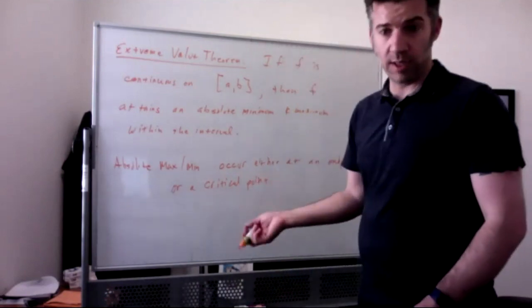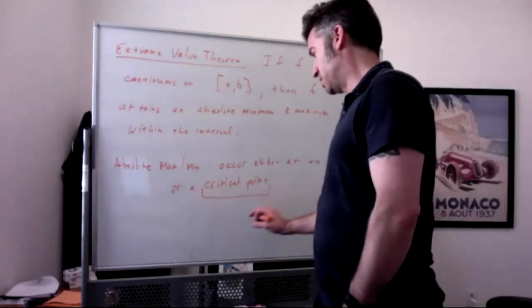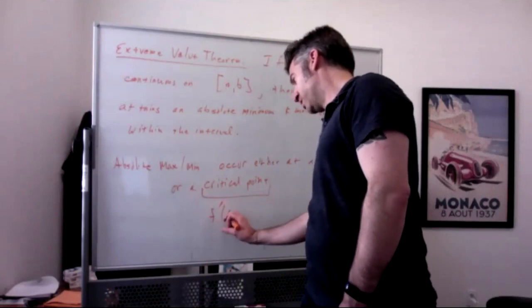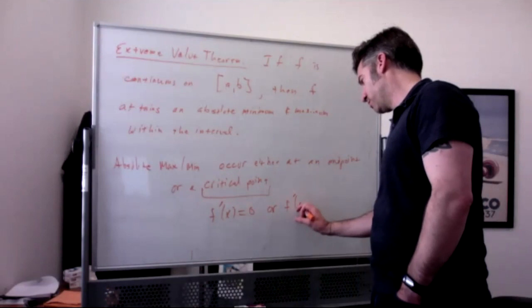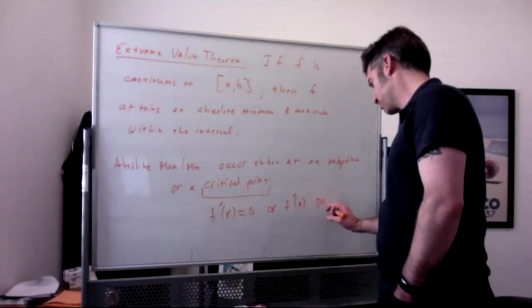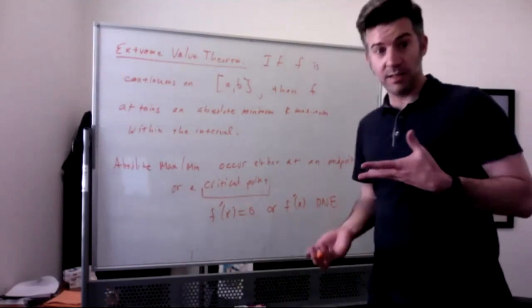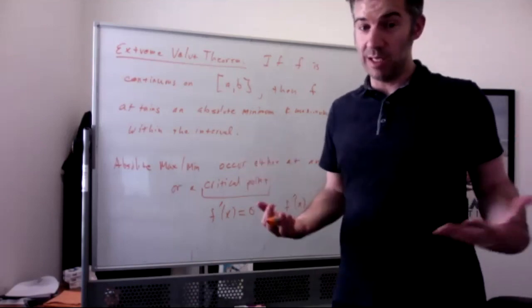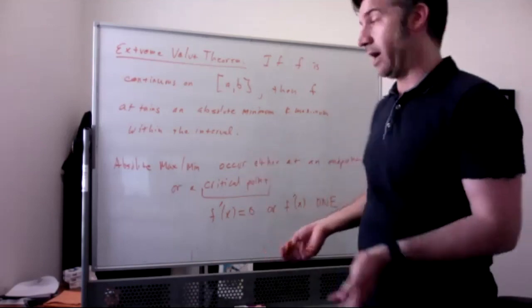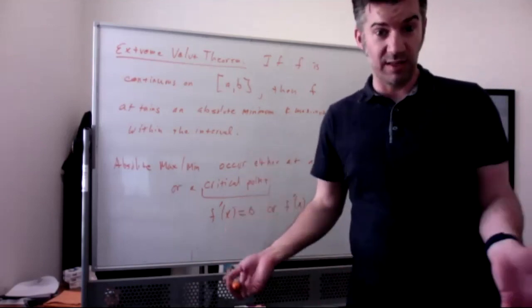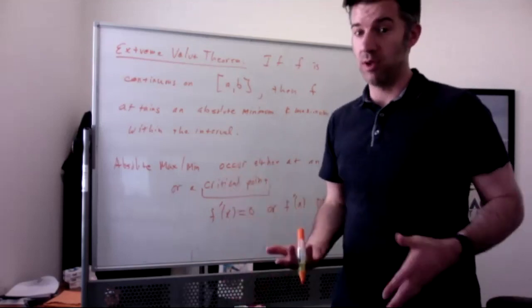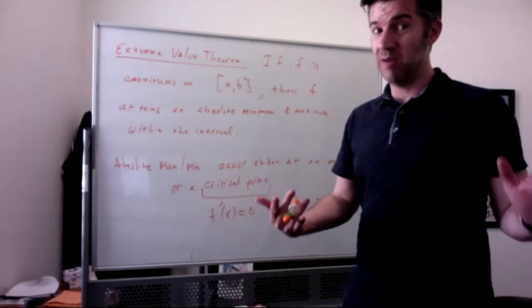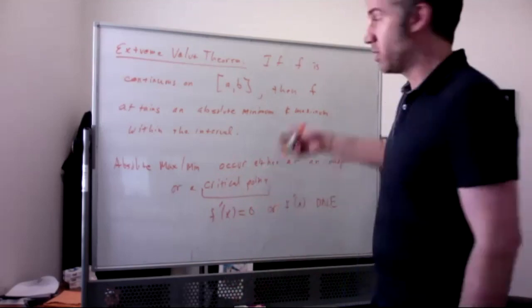And a critical point is a place where the derivative is either 0 or undefined. And yes, the function can be continuous on the interval and still have a derivative that's undefined. We know functions like the absolute value function, which is definitely continuous, but not differentiable everywhere.